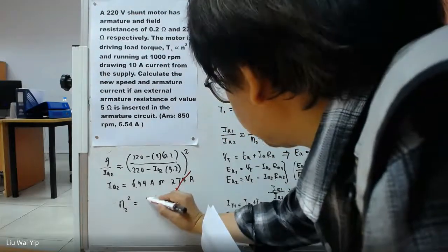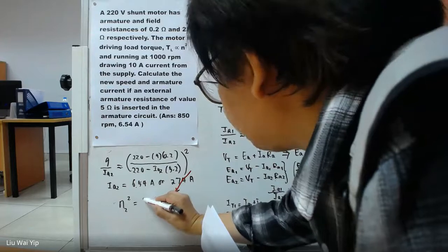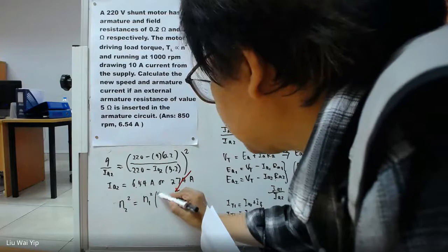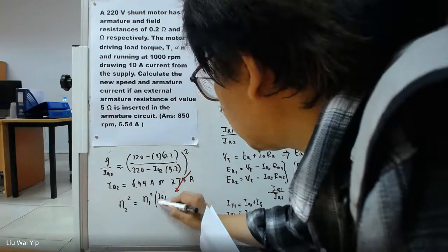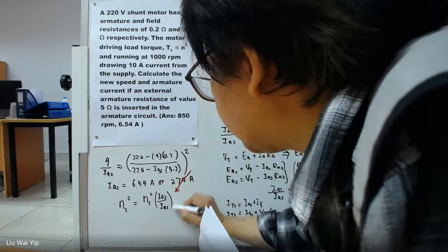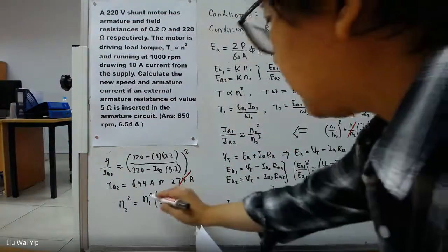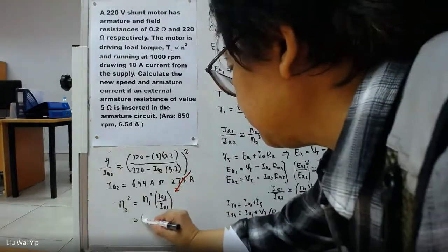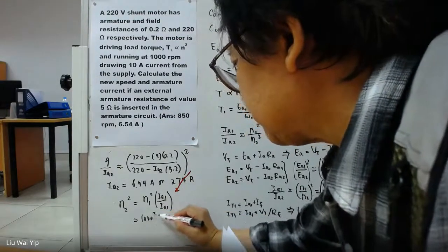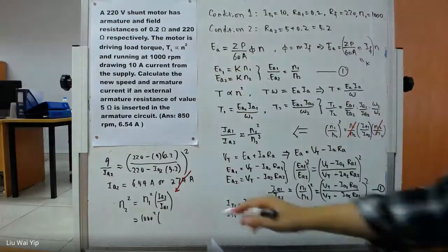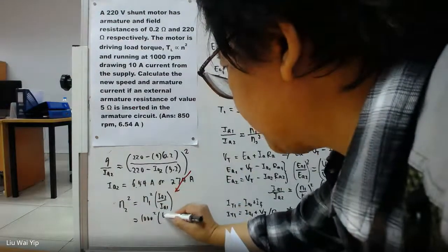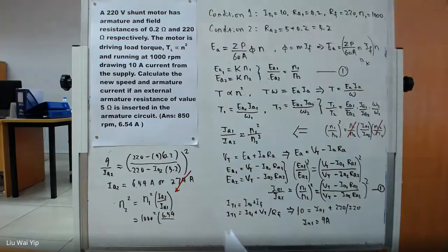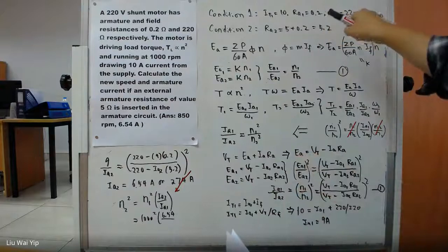So we will get N1 squared and then IA2 divided by IA1. N1 is 1000, and IA2 is the one that we got, and IA1, did we get IA1?